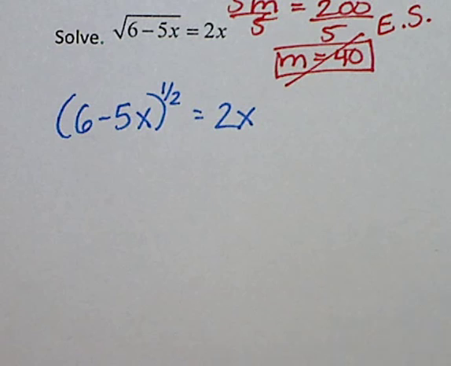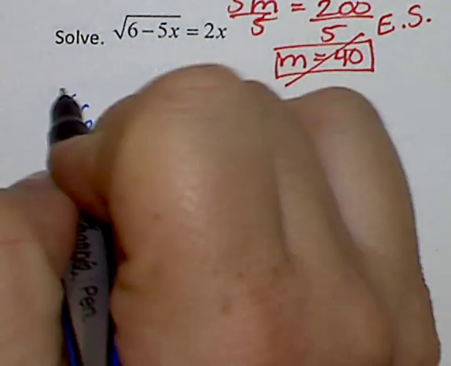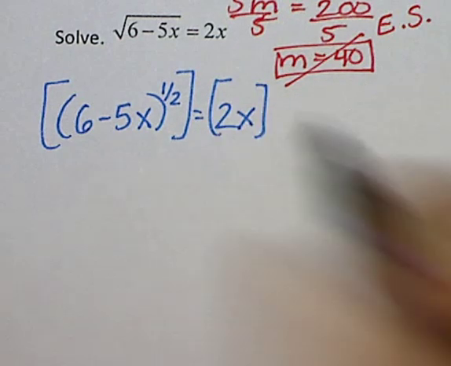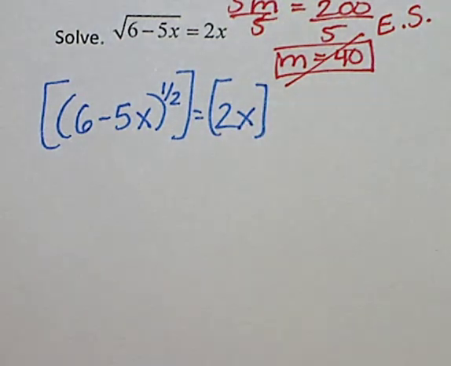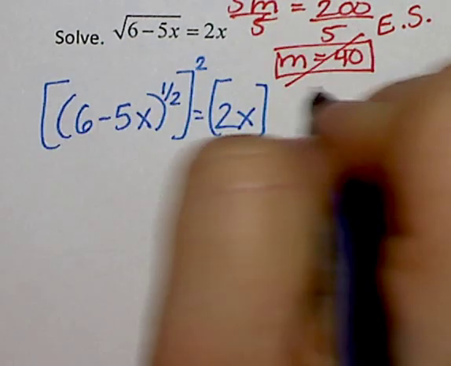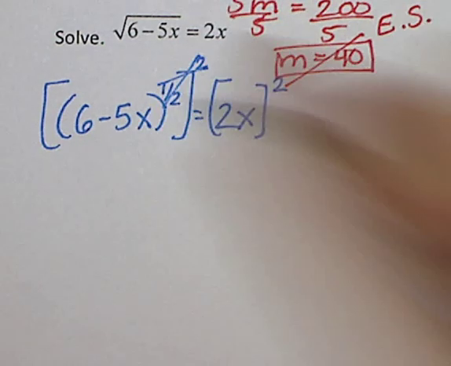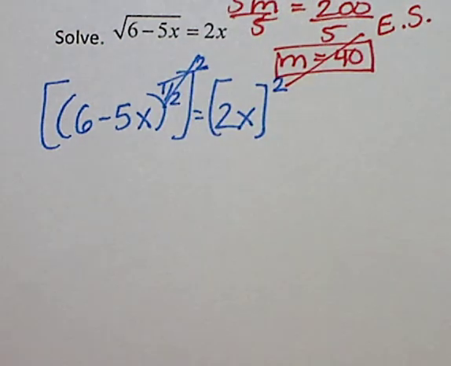So just like in the previous problem, to get rid of the 1/2, I'm going to do brackets on both sides, and I'm going to raise it to the reciprocal, which is 2/1, also known as 2. The 1/2 and the 2 as the exponents multiply, and they actually reduce just to a 1, or cancel out as most of you think of it.